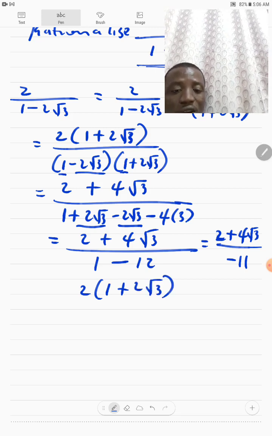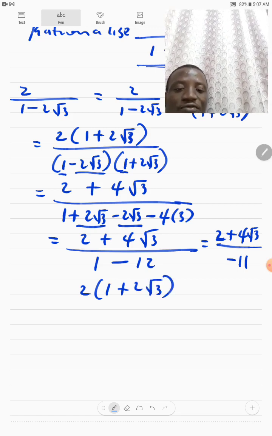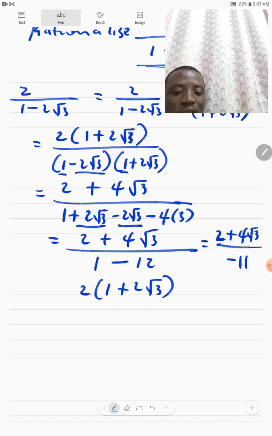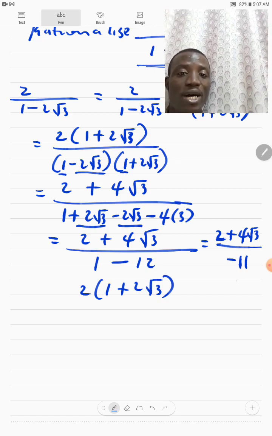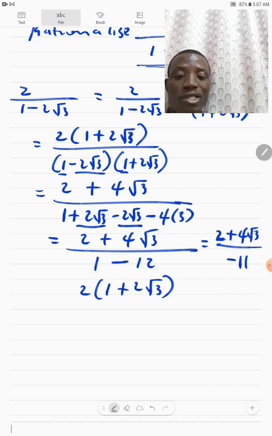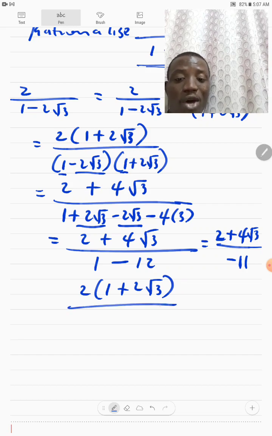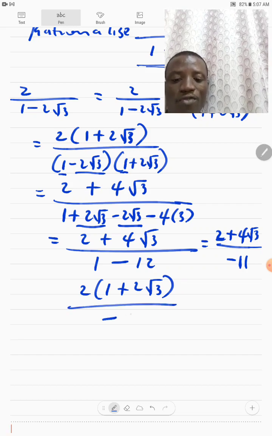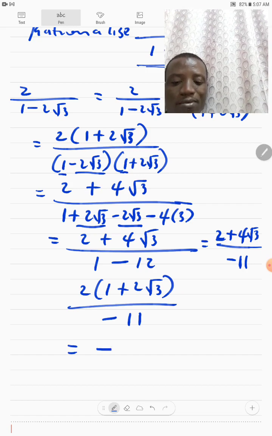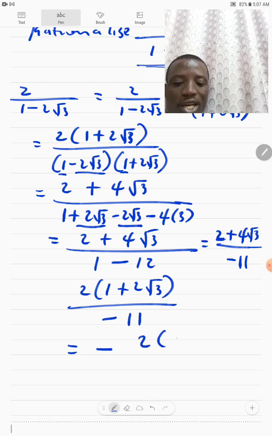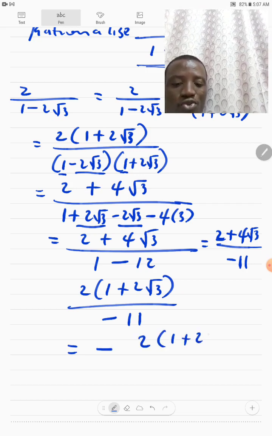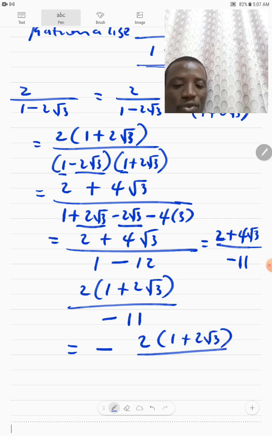Okay, it could have been easier if we have an even number in the denominator so that we can actually cut it, but let's leave it in the simplified form. So that's 2 bracket 1 plus 2 root 3 over minus 11, and then we can write as minus 2 bracket 1 plus 2 root 3 over 11.